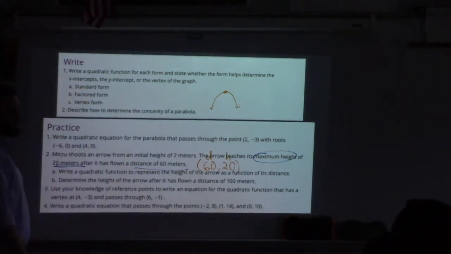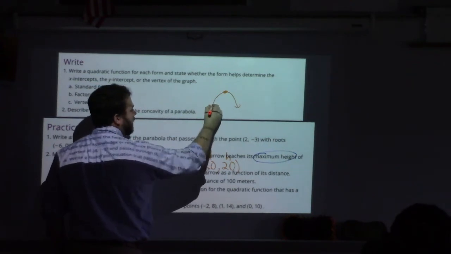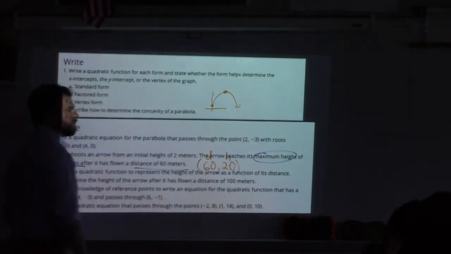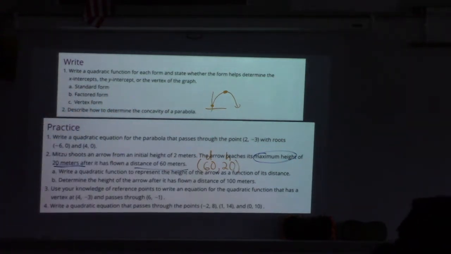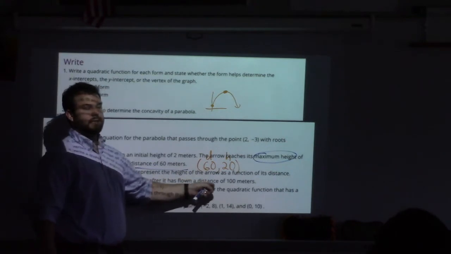So I want you to think about this again. Here's that initial height of 2 meters. How far has that arrow flown horizontally when it is released from the bow? 0. Remember, the vertex, the maximum, was at 60, comma 20.